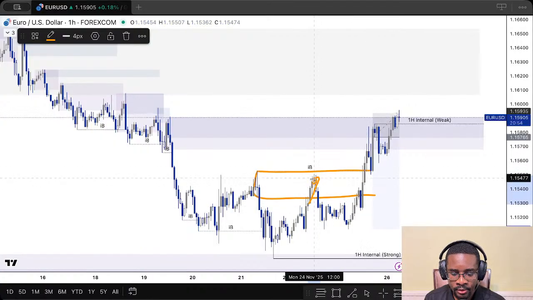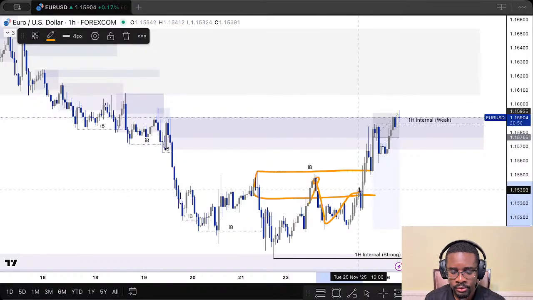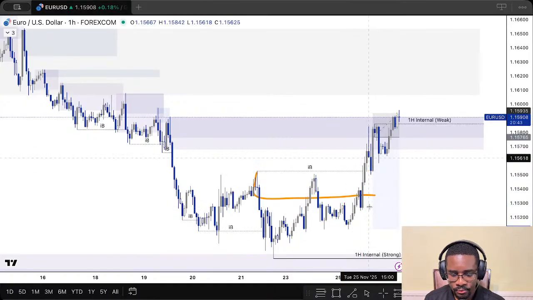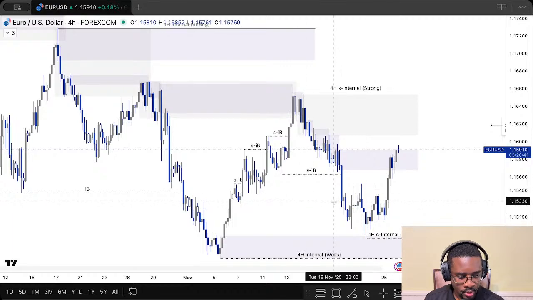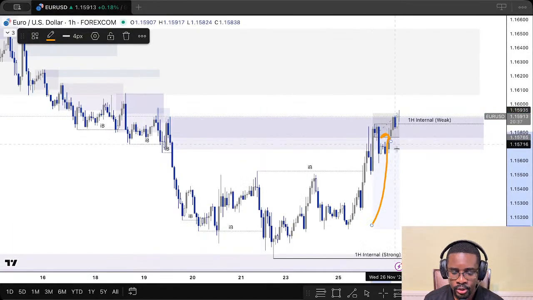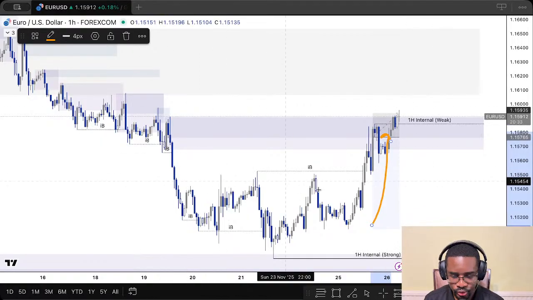Obviously we came in here first, had a reaction, and I thought we could have another reaction before price goes, but evidently price has shifted bullish.